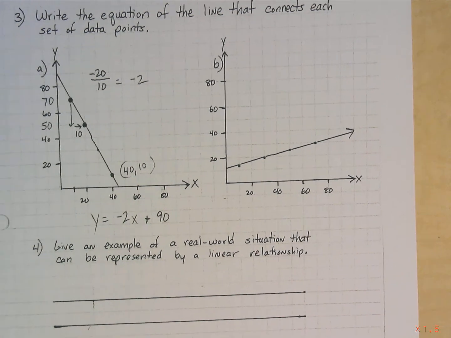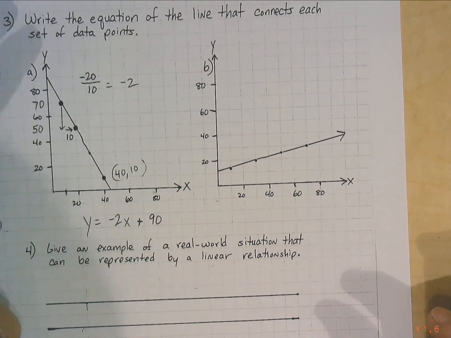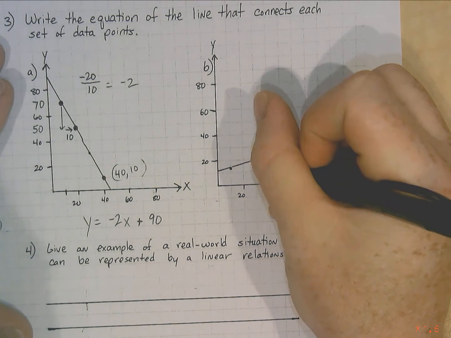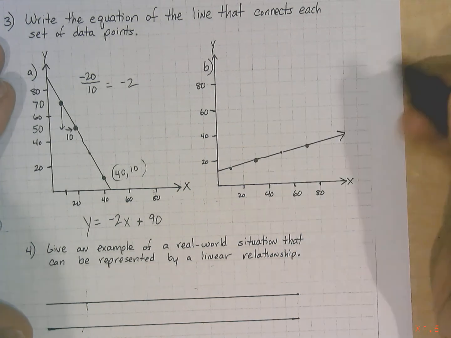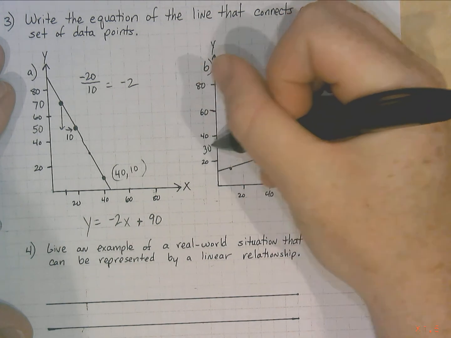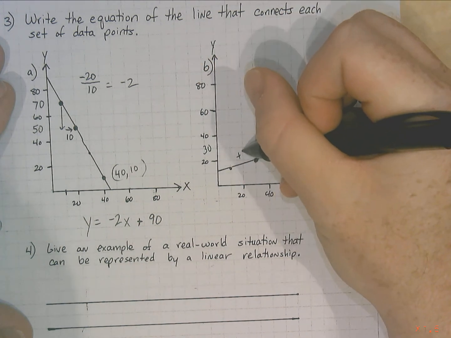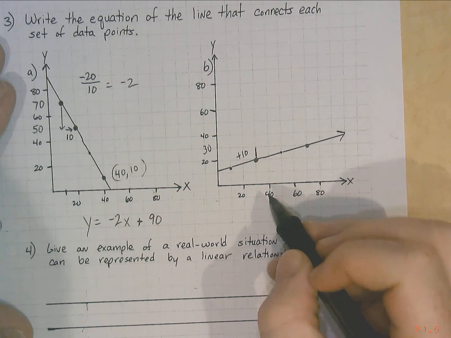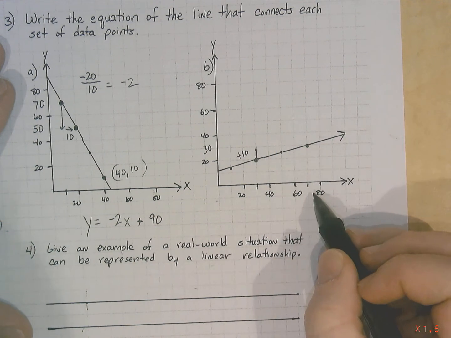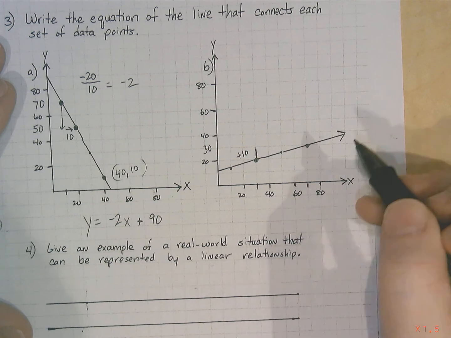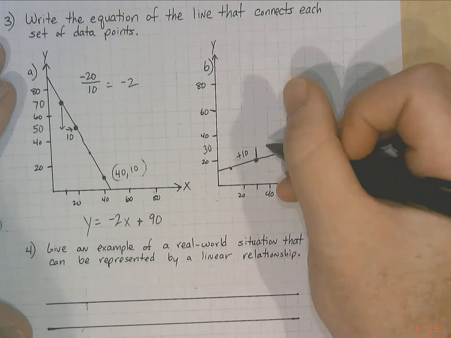All right, let's go to this one. This one's a little bit harder. Just a little bit. Let's pick two ordered pairs that are easy to read, like that one. This one goes up from 20 to 30, right? So it goes up 10. And then it goes over from 30 to 70. So from 30 to 70, it's going to the right 40 total. Yeah, 40.